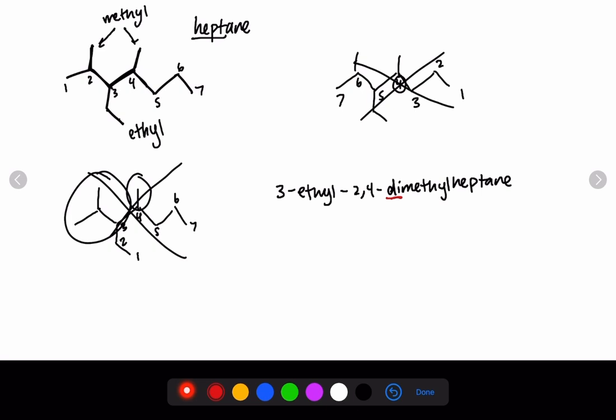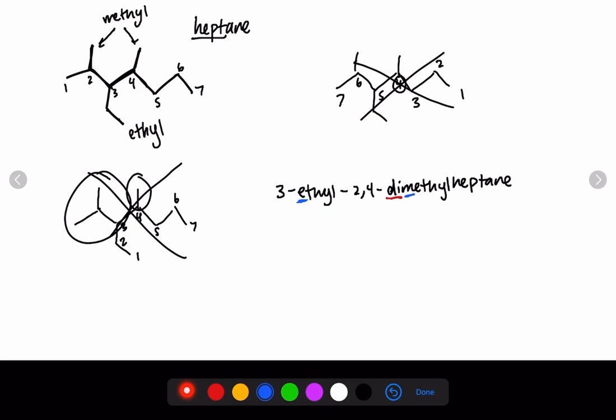Ethyl comes before methyl alphabetically, so we put it in that order. Finally, for a molecule that has multiple of the same branch, you list the number of carbons they hang off of in order, separated by commas. So since the 2 methyl groups were on the 2 and 4 carbon, that's why we have 2,4.